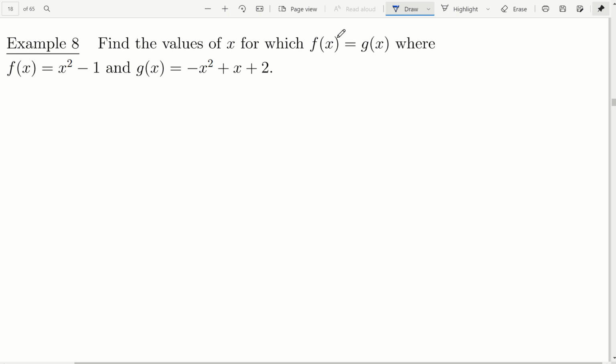In other words, for what values of x can we plug them into the function f and into the function g and get exactly the same output, meaning when is f of x equal to g of x. To solve that, we're going to take the equation for f, which is x squared minus 1, and set it equal to g of x, which is -x squared plus x plus 2. And now we're going to solve this equation.